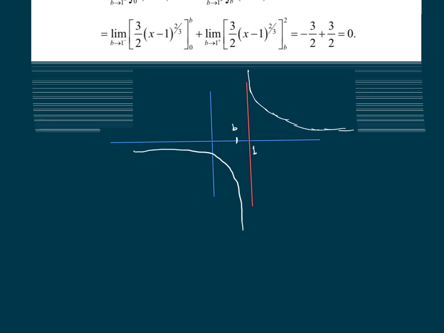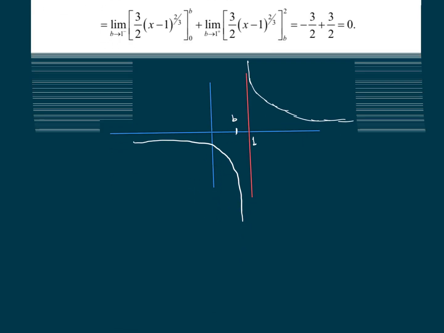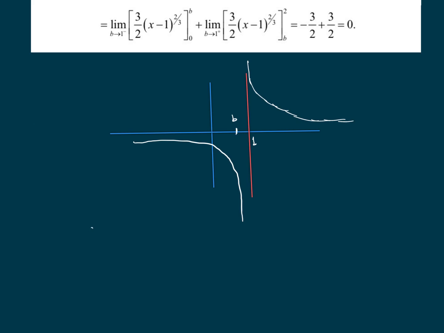So let's do it. It will be the integral from 0 to 2. 2 is here, and the function will have a value. 0 is here. And the area that we have to find is this area. This area, we don't know if it will be infinity or if it will converge, and this area.